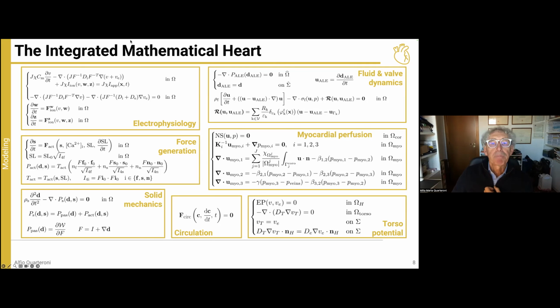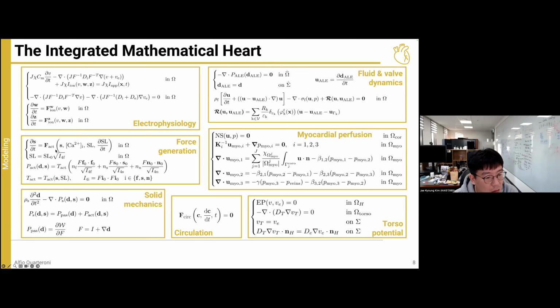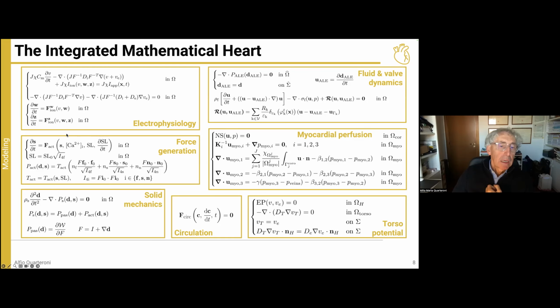Now, this is the force generation, how you generate the force due to the transmembrane potential. And at the end of this, this global system allows us to reconstruct S, and S is the, say, elongation of every single cardiomyocyte, basically.